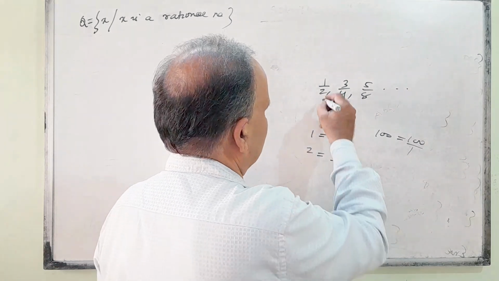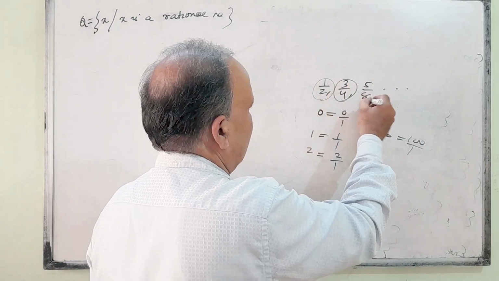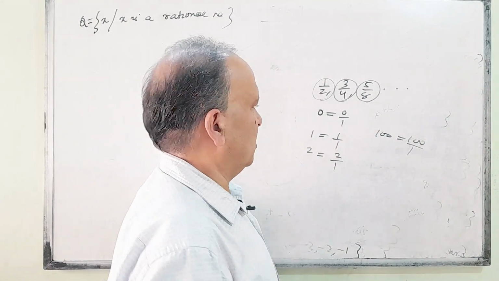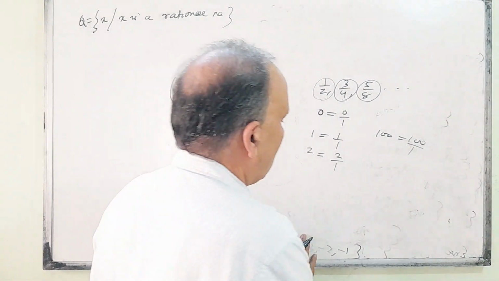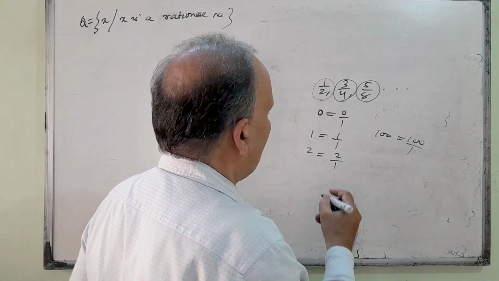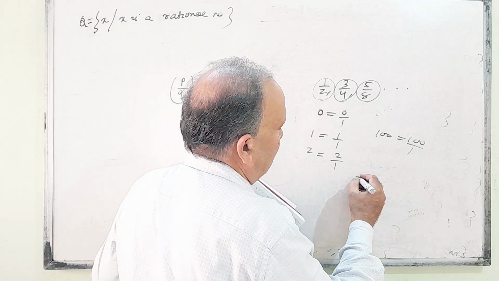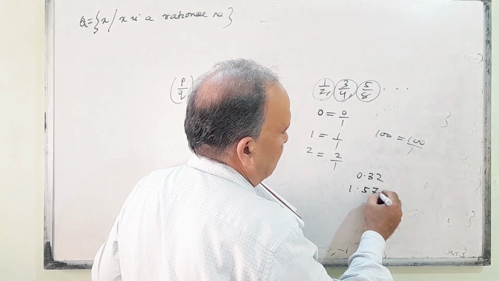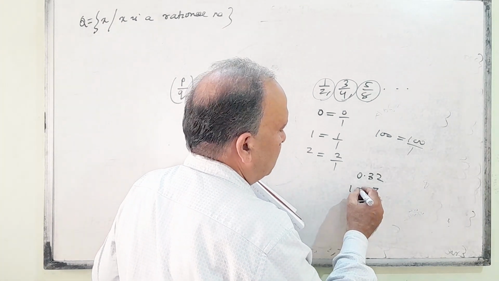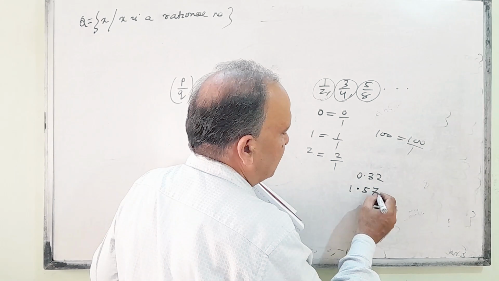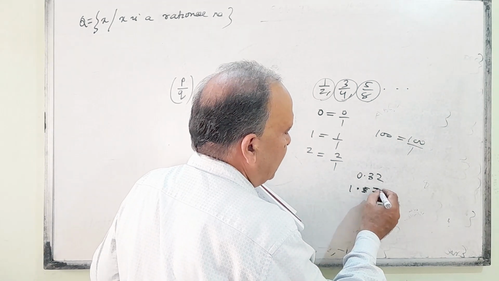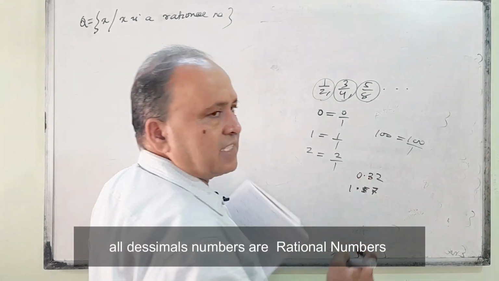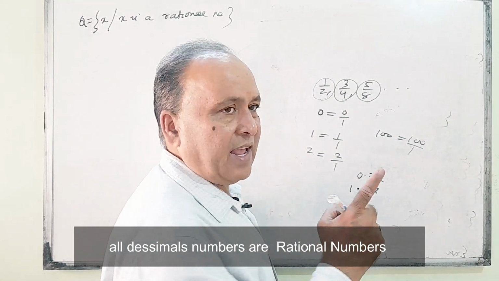After that, there are numbers like these, which are also rational numbers. All terminating decimal numbers like 0.32 and 1.57 are rational. Terminating means the number of digits after the decimal point is finite.